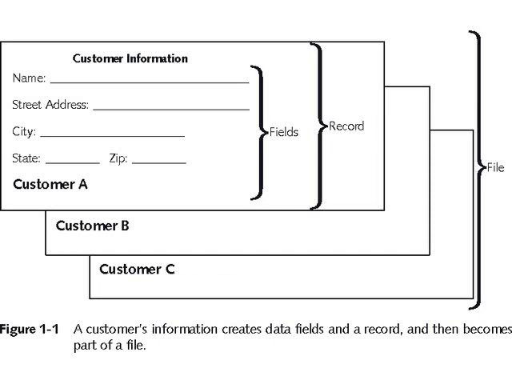Each one is considered a field. Street address is also a field. City is a field. State is a field. Zip is a field. When you combine all these, name, street, city, state, zip, it is considered a record, right?